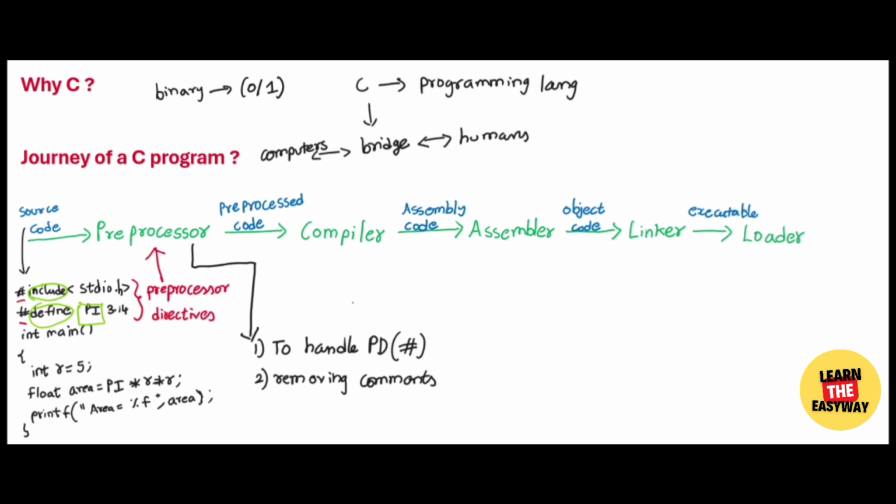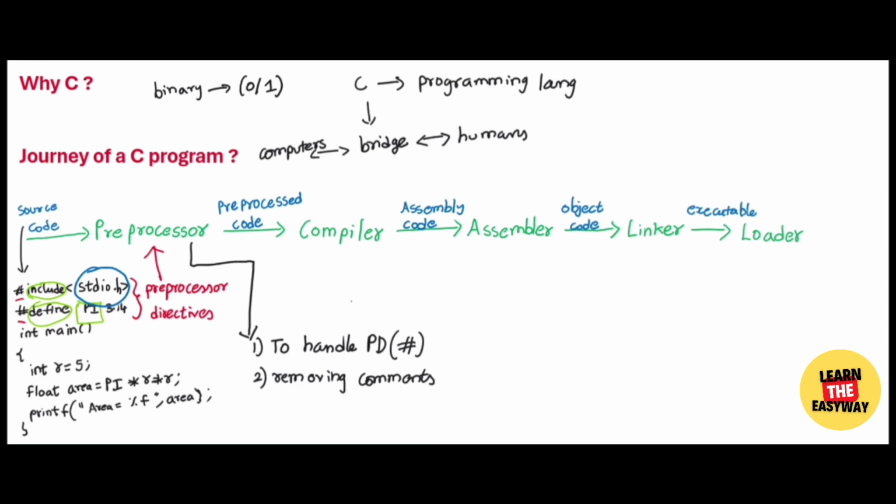But what does handling the preprocessor directives mean? Here we have two preprocessor directives. The first one is #include stdio.h and the second one is #define pi 3.14. The preprocessor will simply include the stdio.h file into our source code. In the entire program, if it encounters the word pi, it will replace it with 3.14.